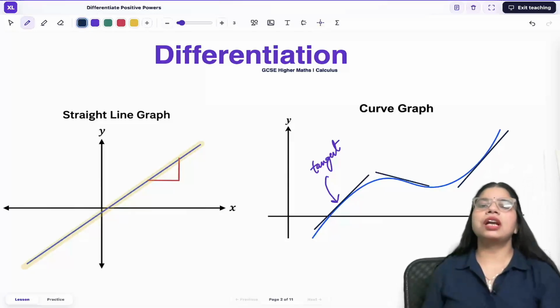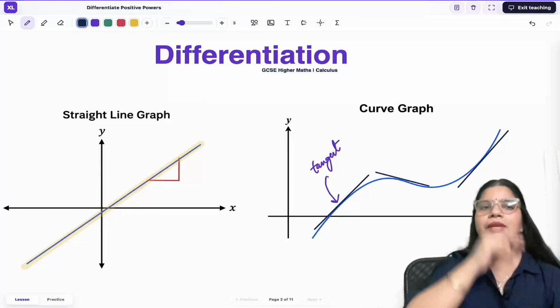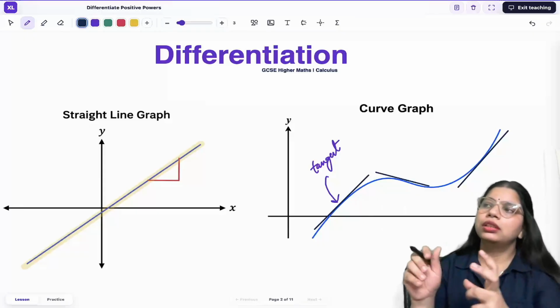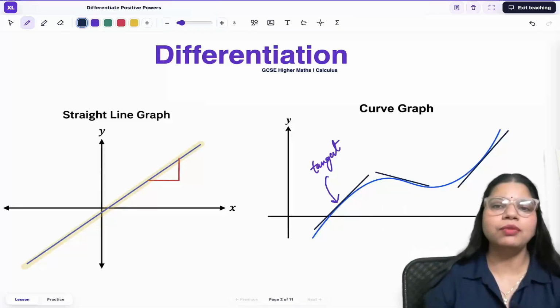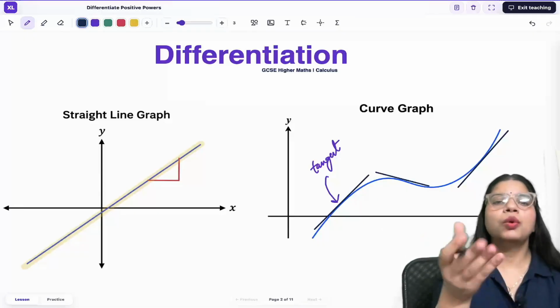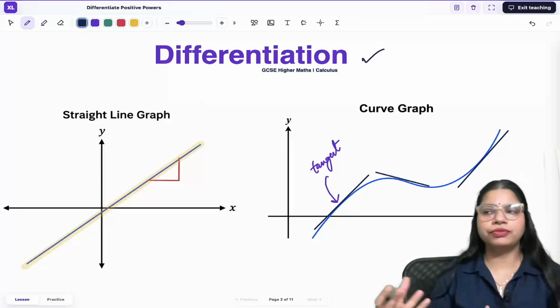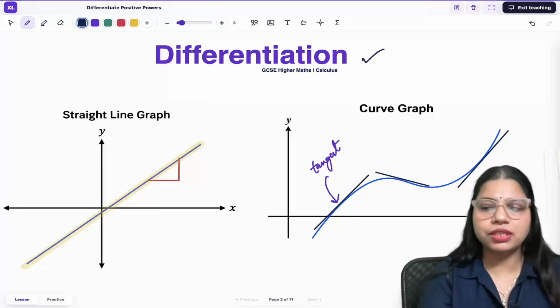So curved graphs, they just change their gradient because the curve itself is changing. To find out the gradient of something which is changing again and again, we use differentiation. So differentiation, or the derivative of a function, gives us the gradient of curved graphs.